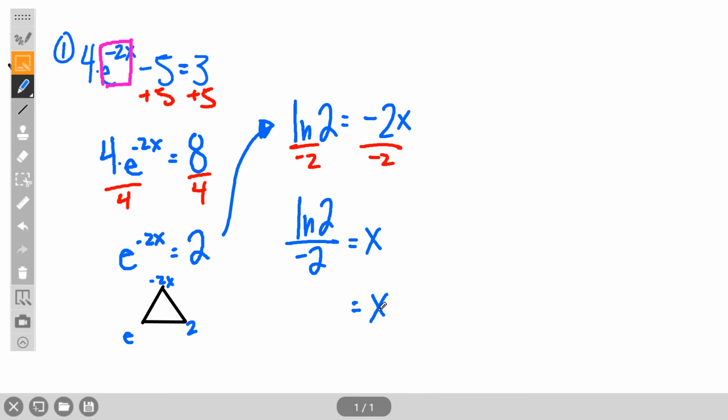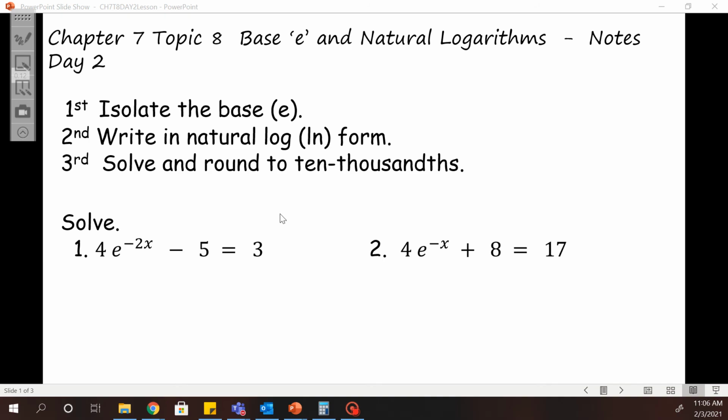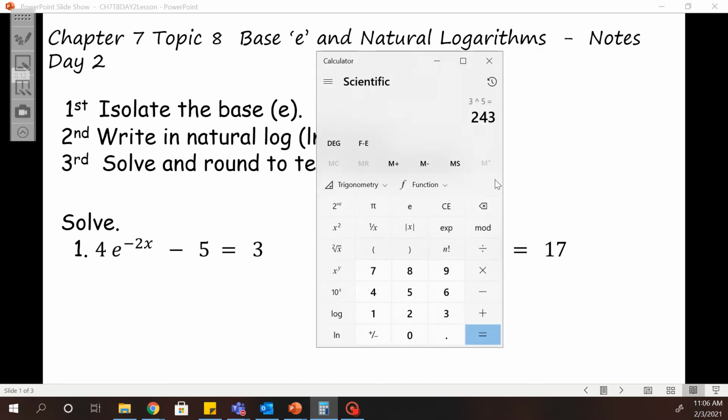All I have to do is evaluate this in a calculator, and it says round to the ten-thousandths, so that's 4 decimal places, I believe. So let me get out my calculator. The natural log, right here, ln, of 2 divided by negative 2.